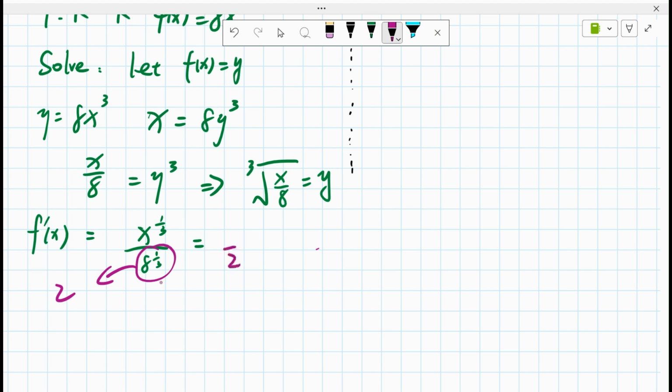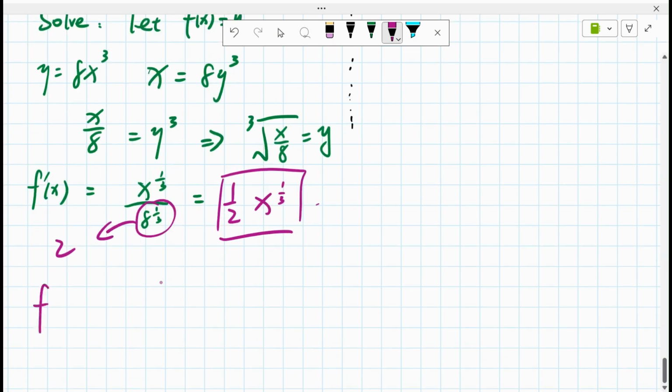So that means y equals half x to the 1/3. After that, you could rewrite it as function f to the -1, where x can be any real number, and the range is the real numbers, and f to the -1 of x equals half x to the 1/3. Perfect.